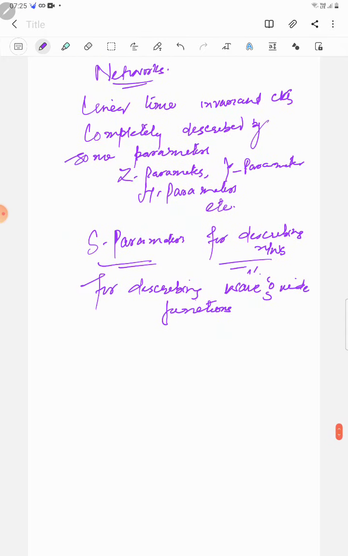Now, before we describe S parameters, or before we define S parameters, we'll revisit the parameters that you have used in your lower semesters, the parameters that you have used at lower frequencies. Let us recapitulate Z parameters.